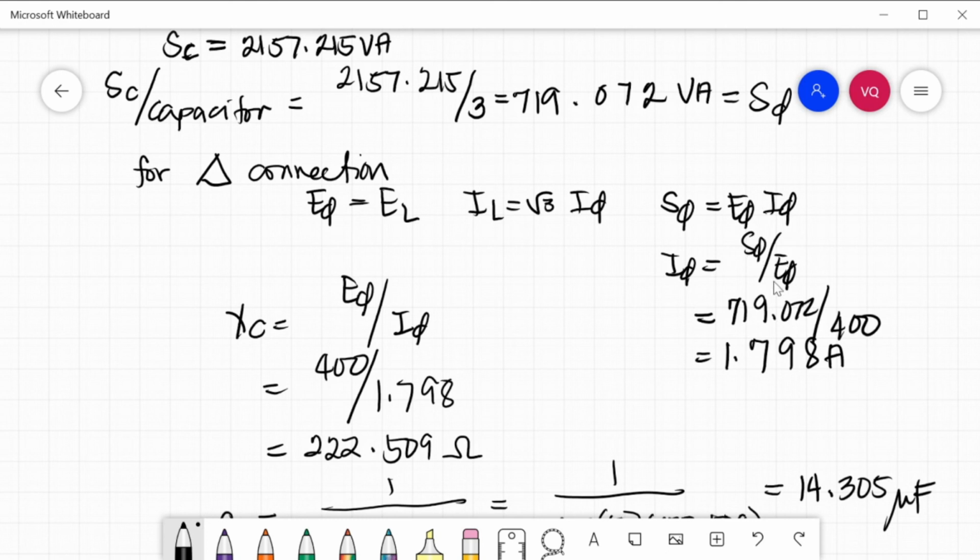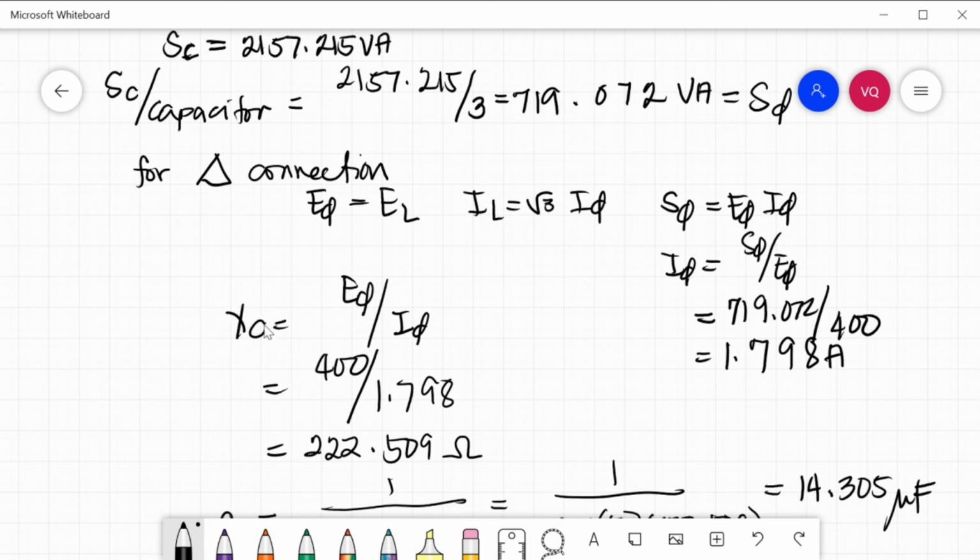So S phase divided by E phase equal to 719.072 divided by our voltage, which is 400 volts. That is equal to 1.798 amperes.